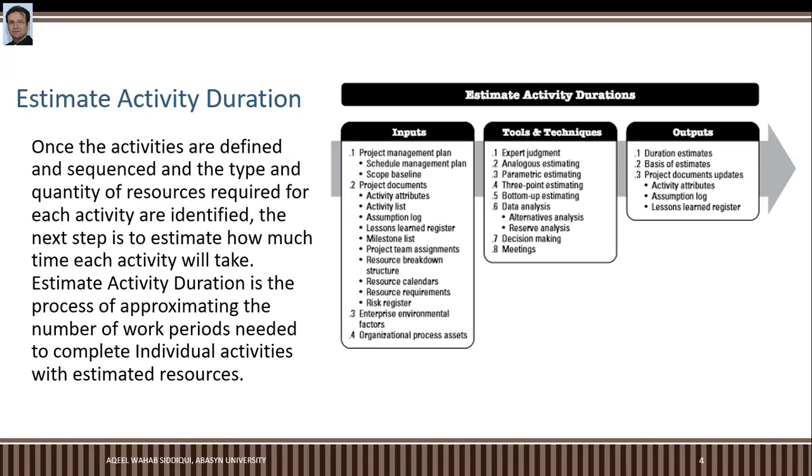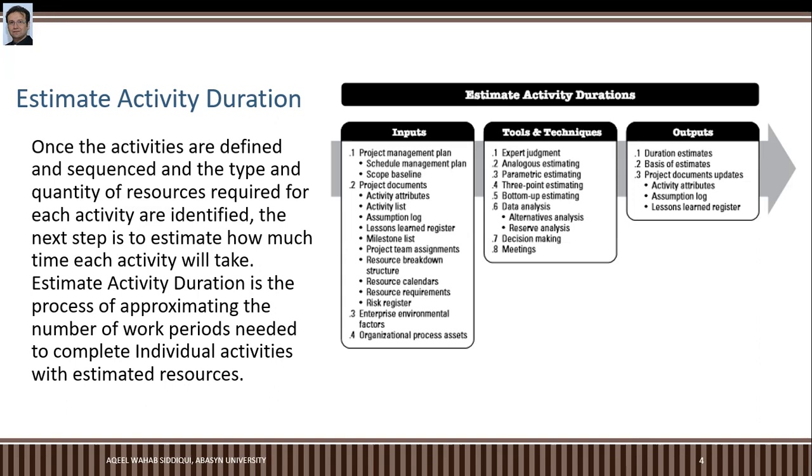So, estimate activity duration. Once the activities are defined and sequenced, and the type and quantity of resources required for each activity are identified, the next step is to estimate how much time each activity will take. Estimate activity duration is the process of approximating the number of work periods needed to complete individual activities with estimated resources.